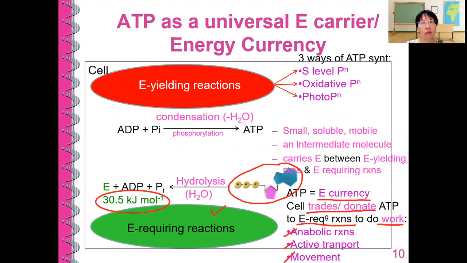Okay, what else? Movement, correct. So that is the meaning of energy carrier, which carries energy from energy yielding to energy requiring reaction. And then energy currency means the cell will have to pay the cell with ATP to do work, or pay the organelle with ATP to do the work.